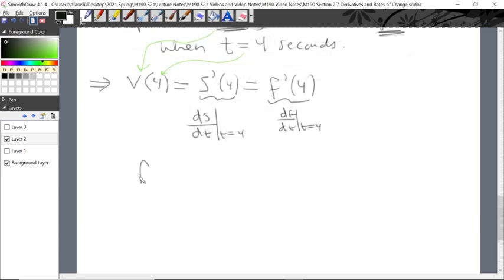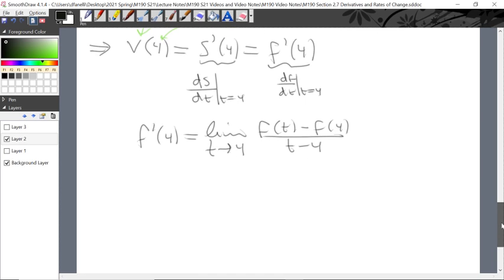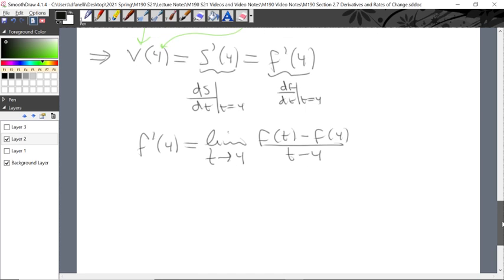So f prime of 4 is the limit, as the input variable, which is t in this example, approaches 4 of f of t minus f of 4 over t minus 4. That's what we want to evaluate. We would interpret that as the instantaneous velocity at 4 seconds.